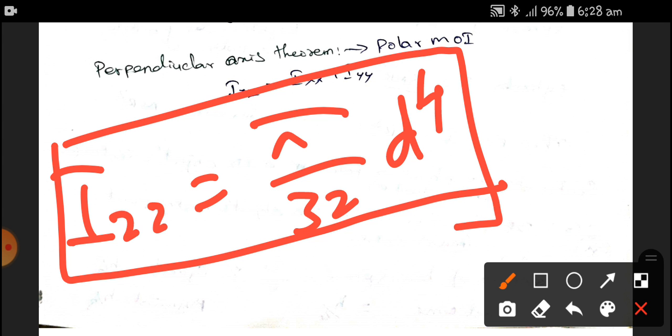How do we get the polar moment of inertia of the shaft from the moment of inertia? It is simple. So this is an example of how the normal moment of inertia is converted into the polar moment of inertia.